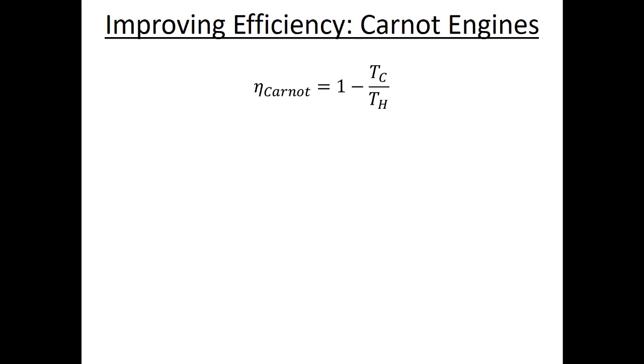So some of these ideas about how to improve thermal efficiency can come from an equation that's as simple as our Carnot efficiency equation, right? So here with the Carnot efficiency, if we make some simplifications, it's 1 minus T cold over T hot. I would like this number to be as close to 1 as I can, right?